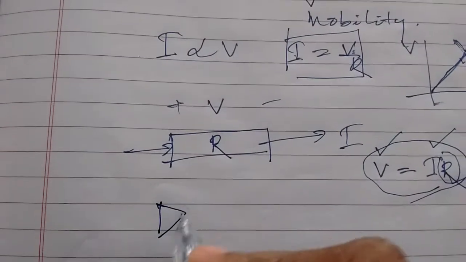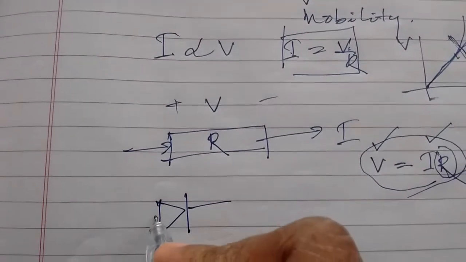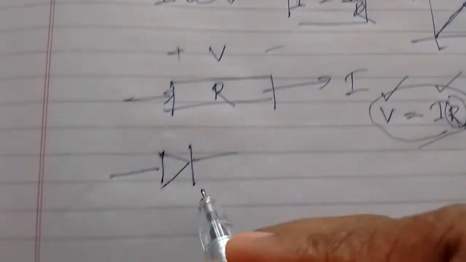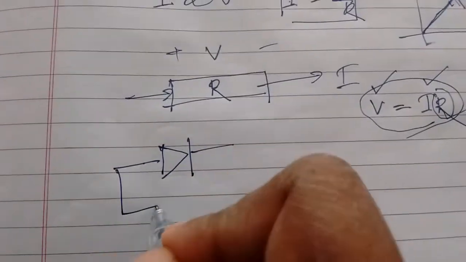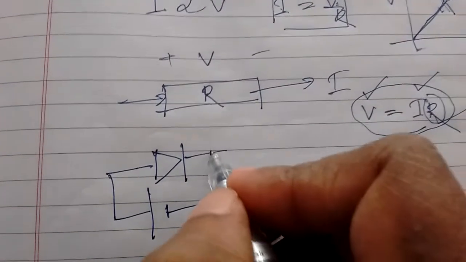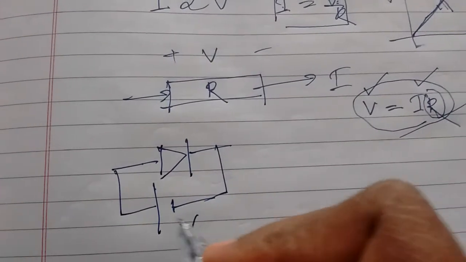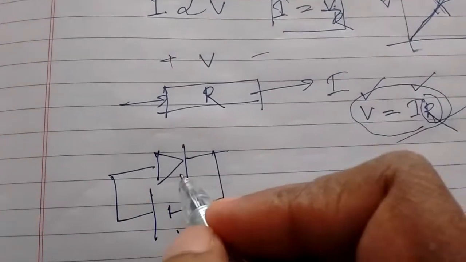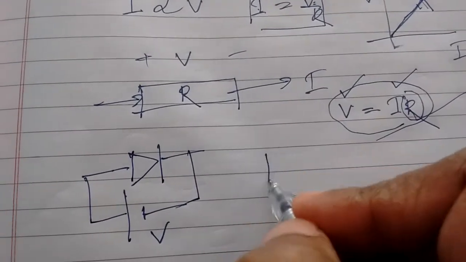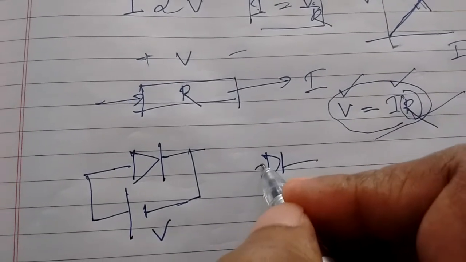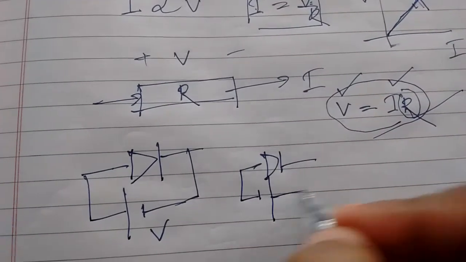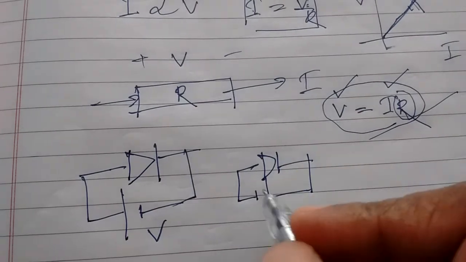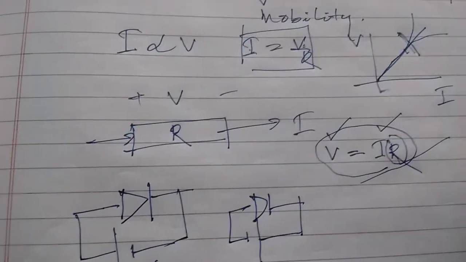This is the diode, these are the terminals. If voltage is applied like this, plus minus, the diode will show some characteristic, but if voltage is applied the other way, positive or negative, it will show some other characteristic, as in this figure.